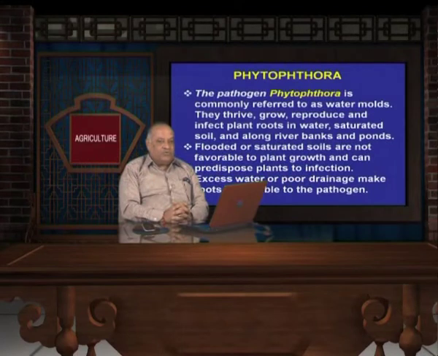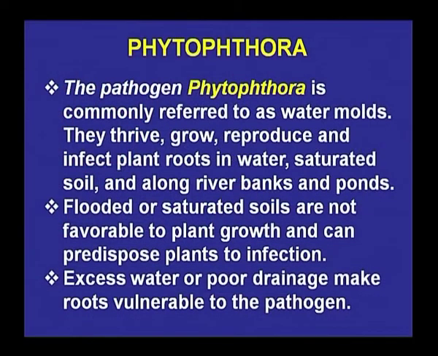First of all, we take Phytophthora as a causal fungus causing different types of plant diseases. The pathogen Phytophthora is commonly referred to as water molds. They thrive, grow, reproduce and infect plant roots in water saturated soil and along river banks and ponds. Flooded or saturated soils are not favorable to plant growth and can predispose plants to infection.